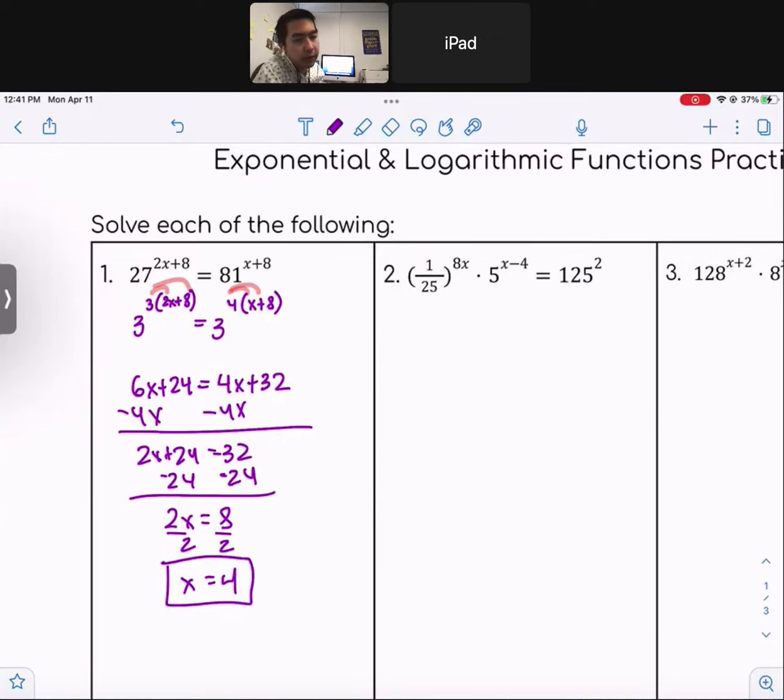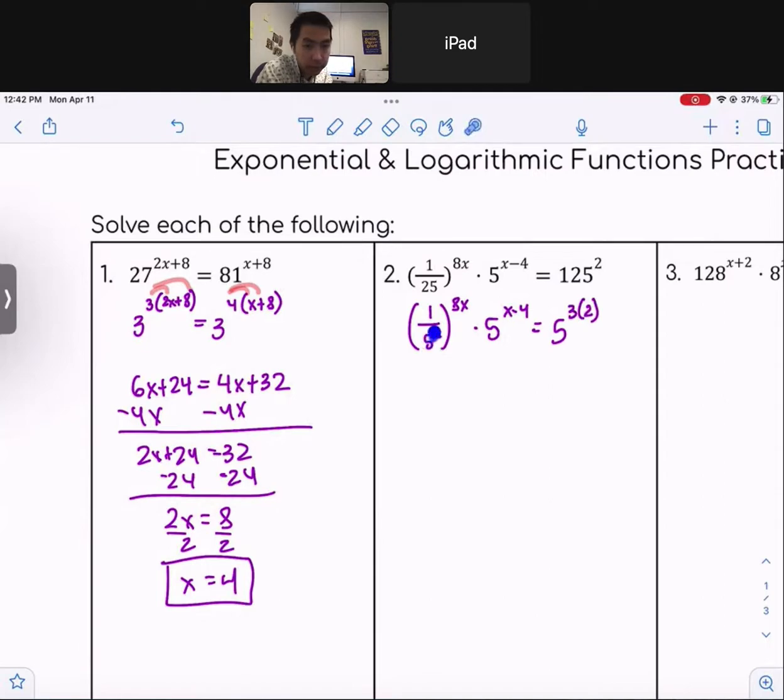Number 2, so we gotta get a common base. So the common base, it seems like between 25 and 125 is 5. So 1 over 5 to the second to the 8x, times 5 to the x minus 4, equals 5 to the third power times the 2.